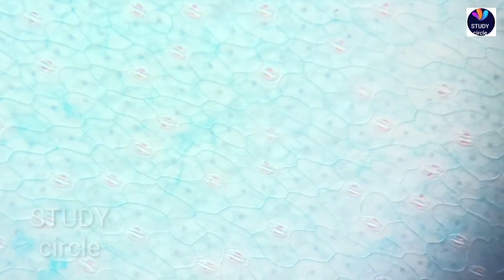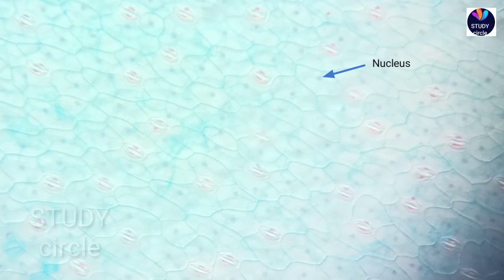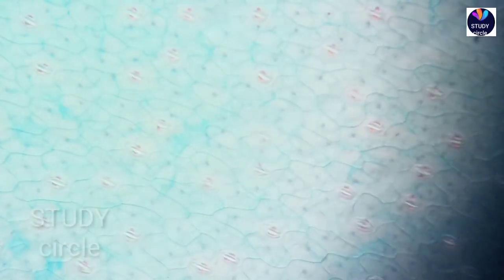You can even see the cells as well as the black dots, which are called the nucleus. And you can watch one more important thing related to the cell of a plant. As we have discussed previously, in plants the nucleus will be at the periphery, at the edge. You can see in all these cells the nucleus is near the edge of the cell. You can watch it very clearly.